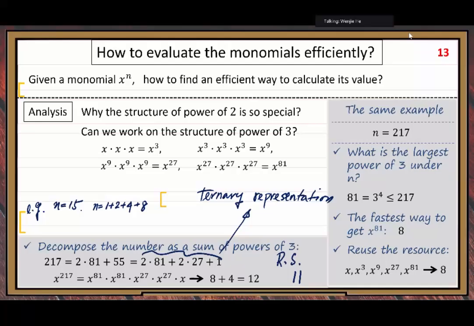But to get x to the 8th, we need 3 multiplications, right?